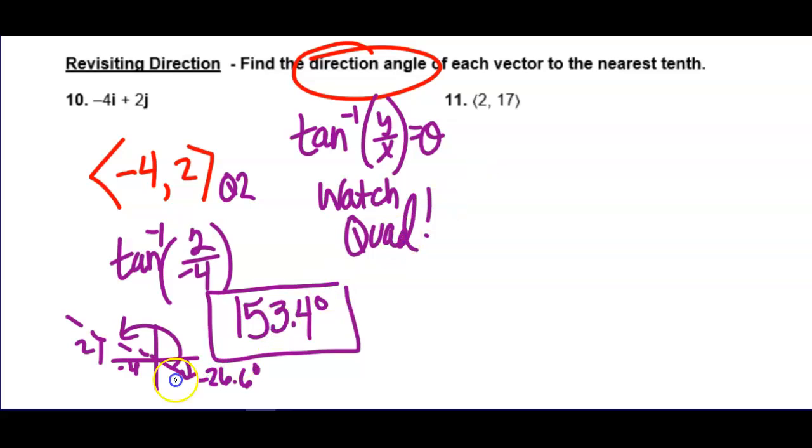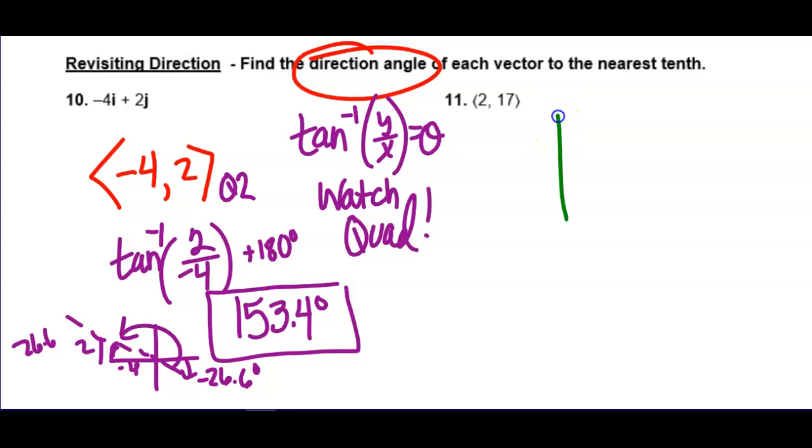Again, the reference angle to the x-axis is the 26.6 that they went down. We're just going to move it around to this quadrant, so we're going to add 180. Anytime you want a quadrant 2 angle, you're going to add 180 to what the calculator gives you if you're doing degrees.